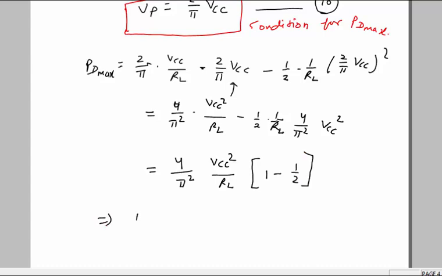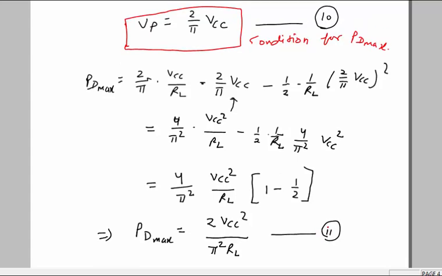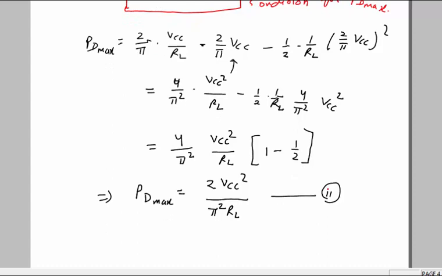Okay, so this implies that PD max equals, 1 minus half is half, if we multiply 4 by half, 4 by 2 is 2, so we'll get 2 VCC square by pi square RL. Okay, and let's call that equation number 11.